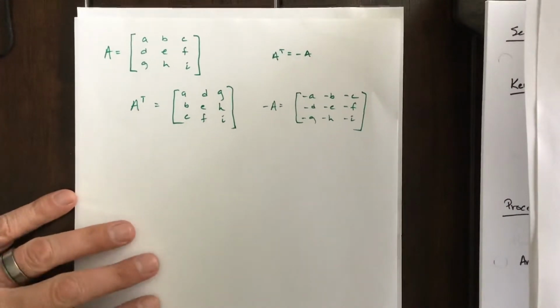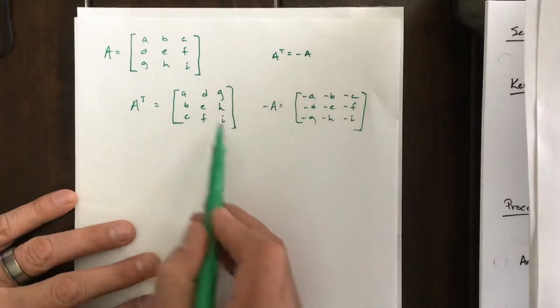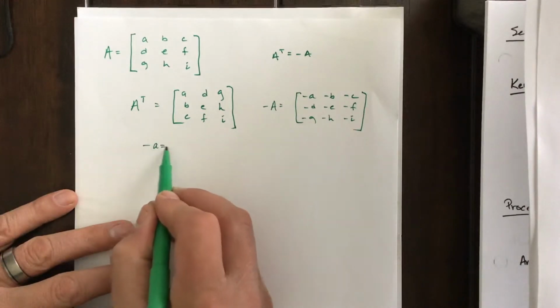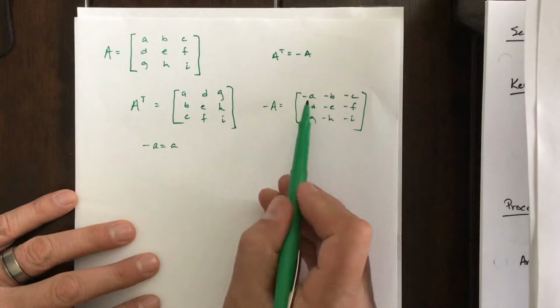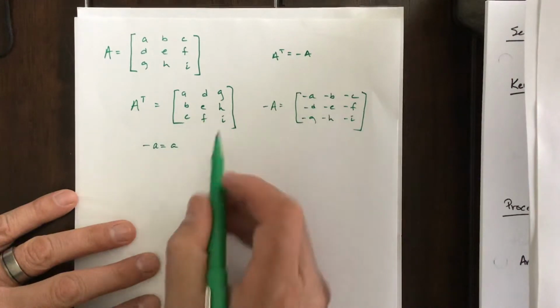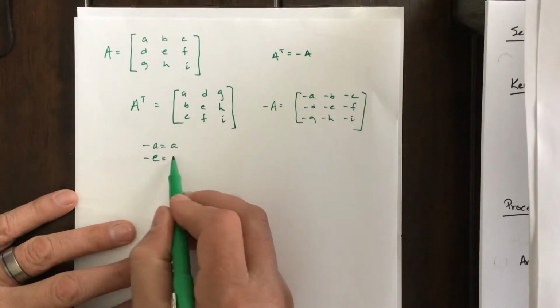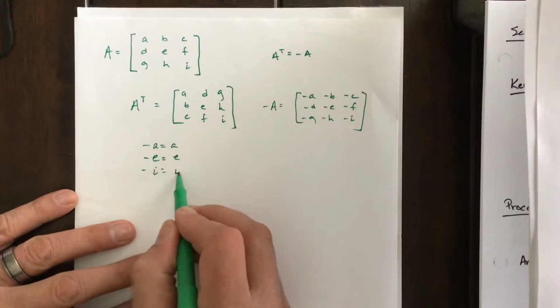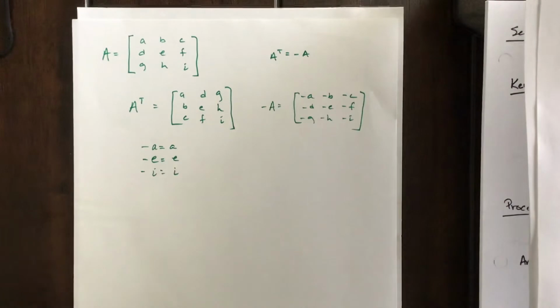So the first thing to observe, if you look along the diagonal, is that minus A has to equal positive A, minus E has to equal positive E, and minus I has to equal positive I.